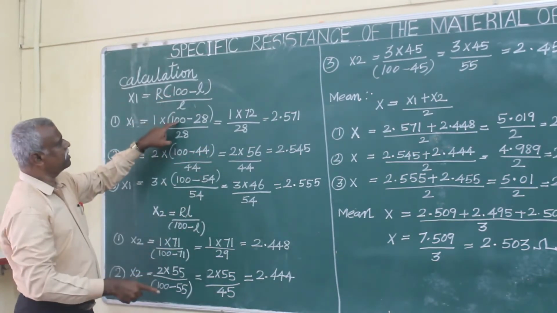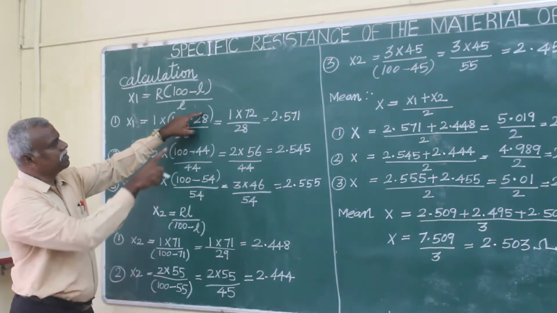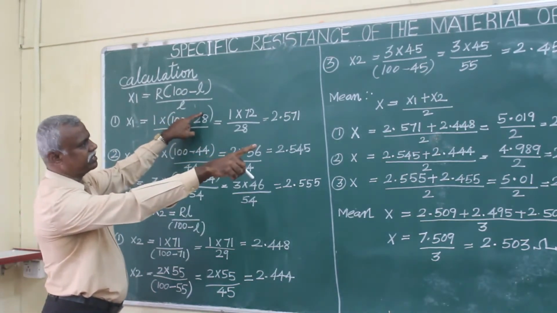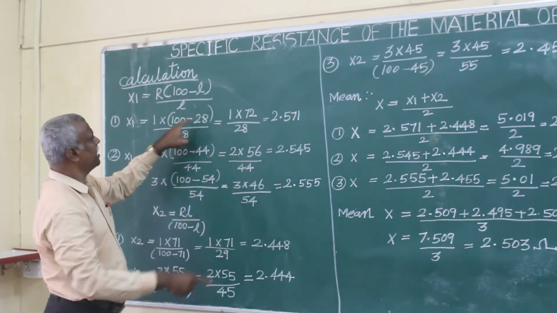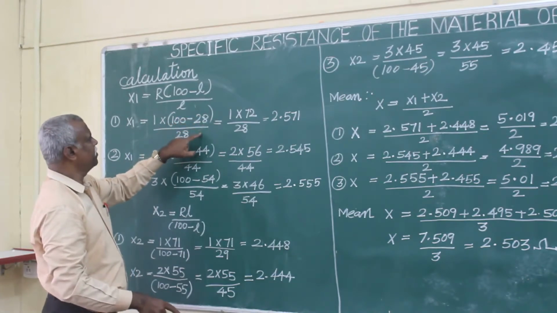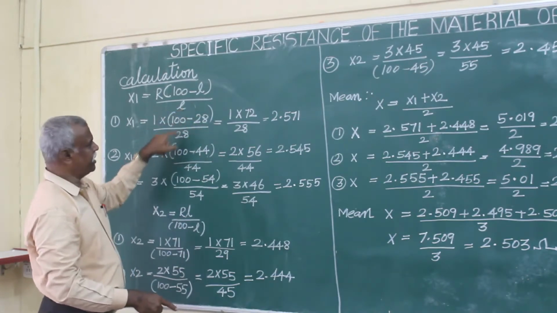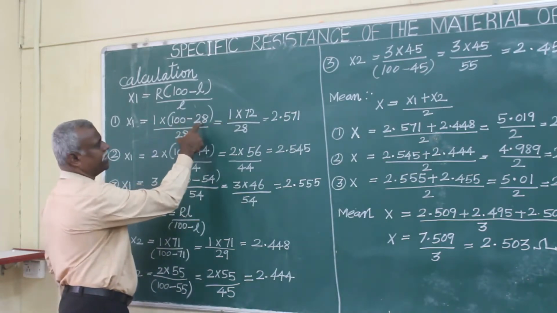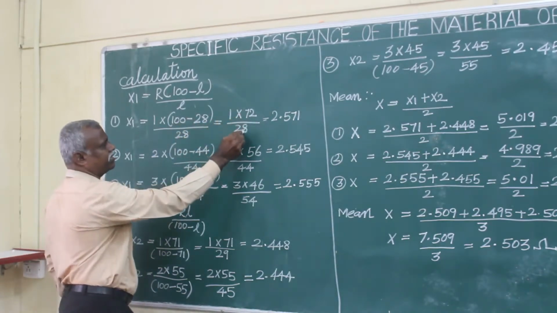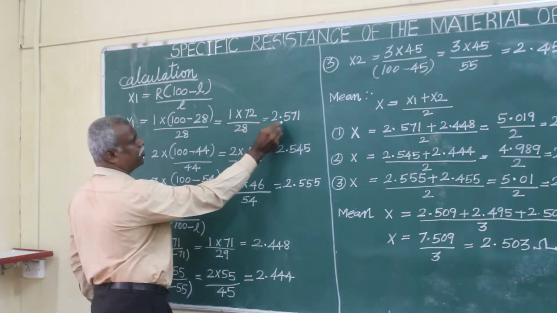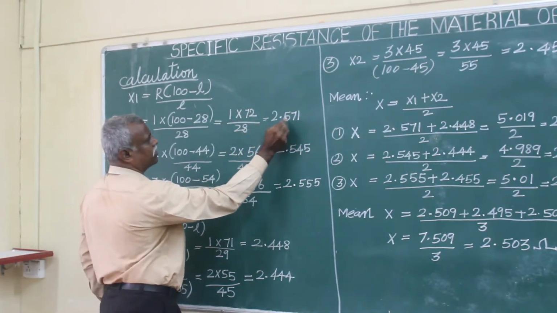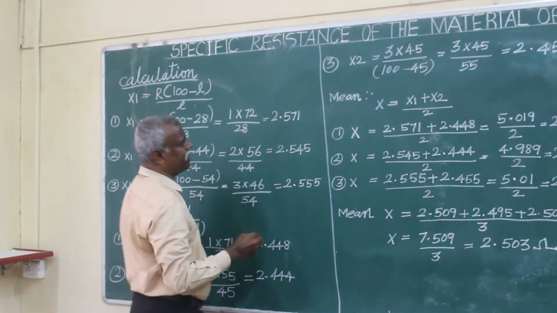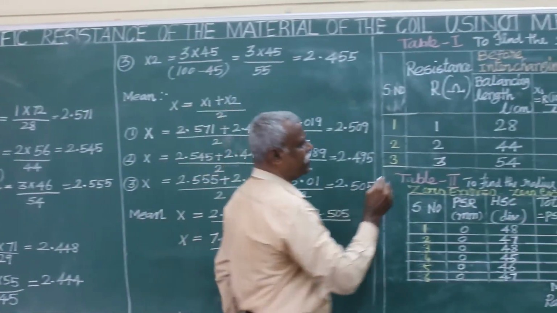Then write 100 minus balance length, which is 28 centimeter. So 1 into 100 minus 28 by 28, you are getting 72 by 28. If you divide, you will get the value 2.571. This 2.571 you must write here.